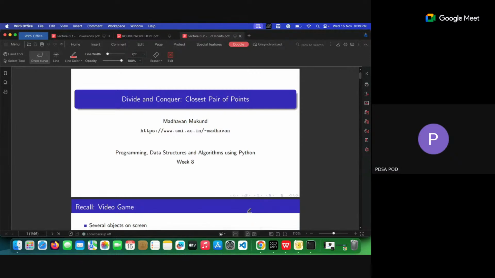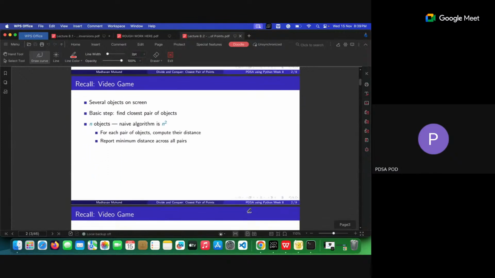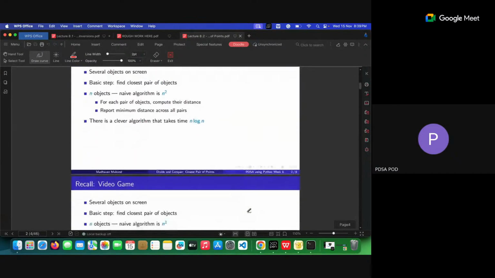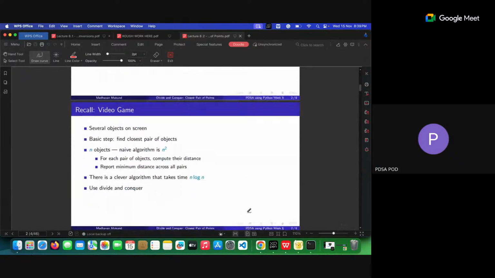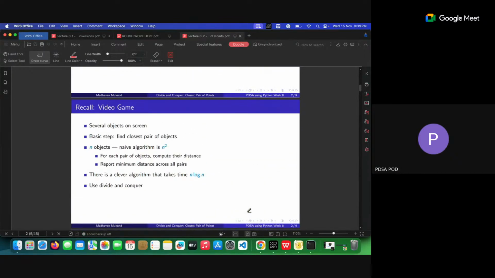It is closest pair. It's another problem which they were trying to solve using divide and conquer. So let me see where it is. Yeah, here it is. Actually, this particular problem we saw earlier, in the beginning, in the complexities, where we wanted to analyze it. So you have a screen and we are playing a video game.